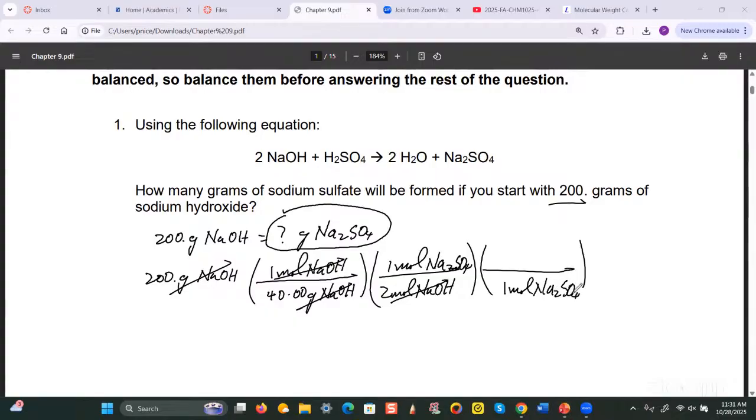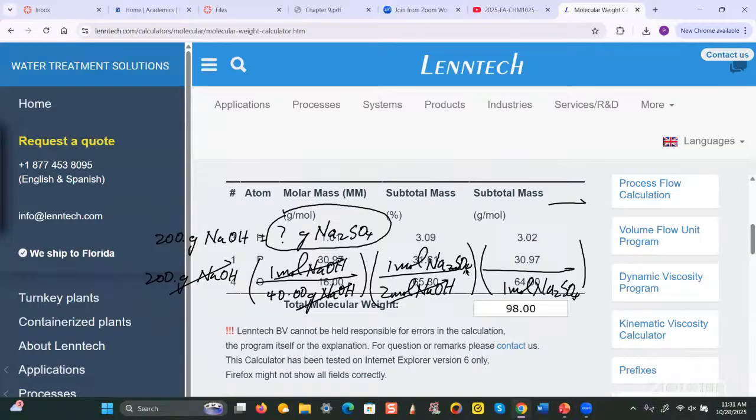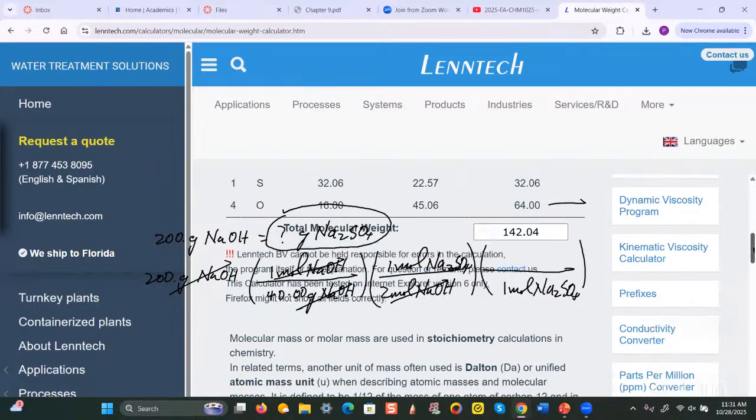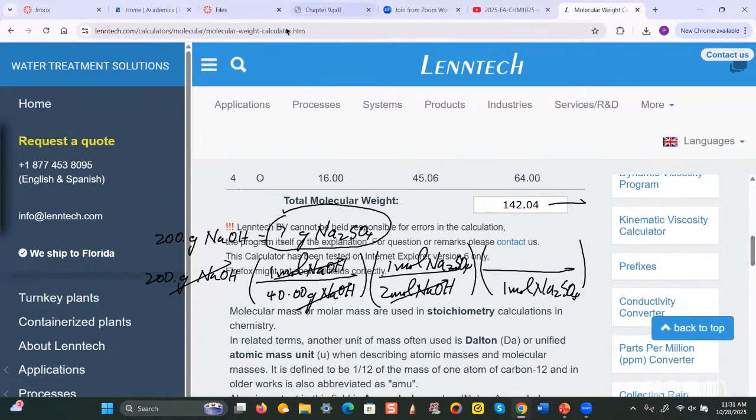So this time I feel lazy, let me just do the molar mass calculator here. Na2SO4, and let's see what that gives. That gives 142.04.